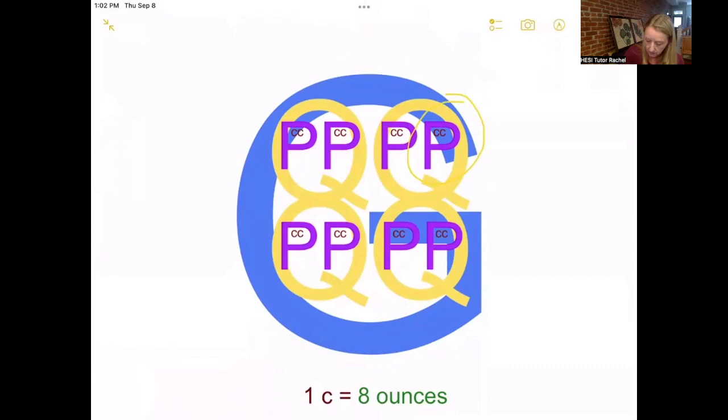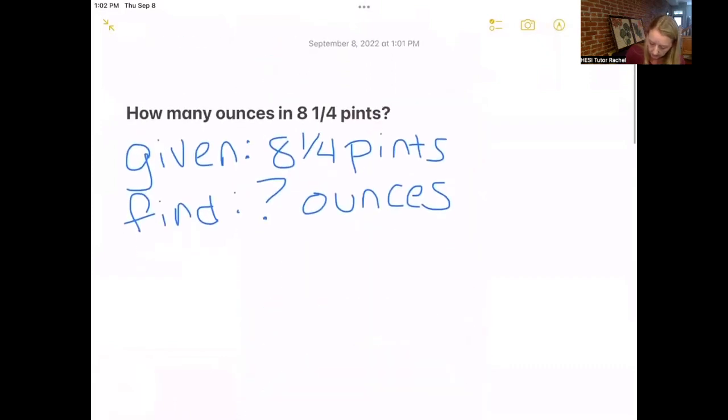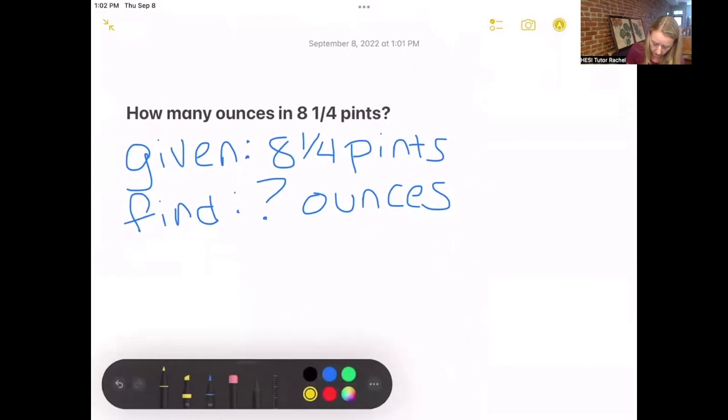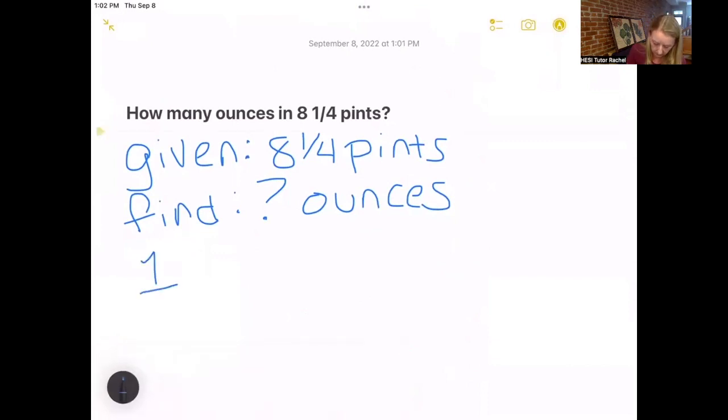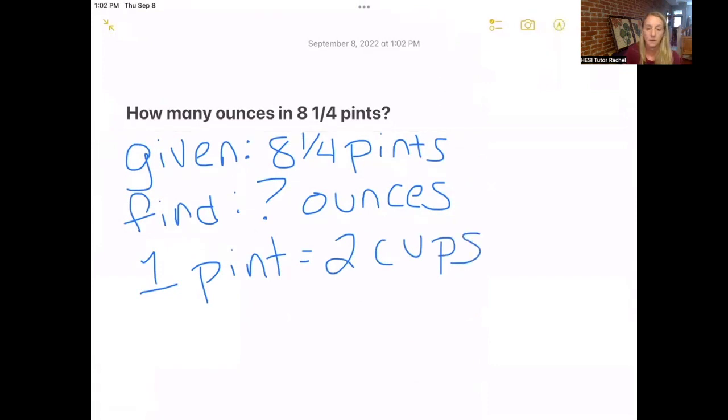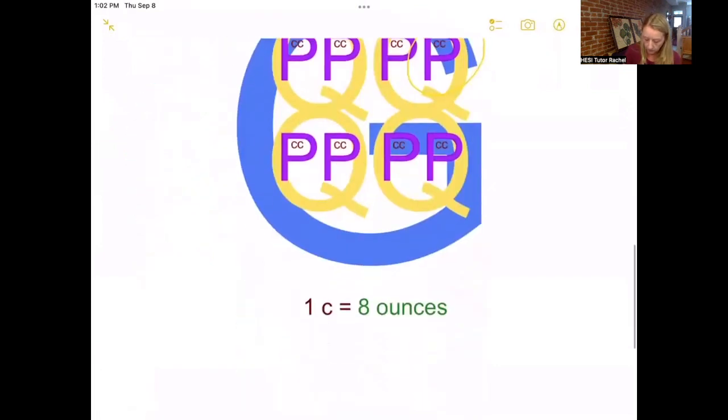And even though cups aren't what we're looking for, we're going to write that down because we're going to need to use that. So we know that 1 pint equals 2 cups. And then below this, we've always been writing 1 cup equals 8 ounces. That came from each cat needs to drink 8 ounces of water. That's the other part that we need.